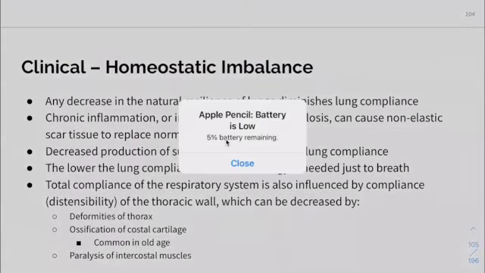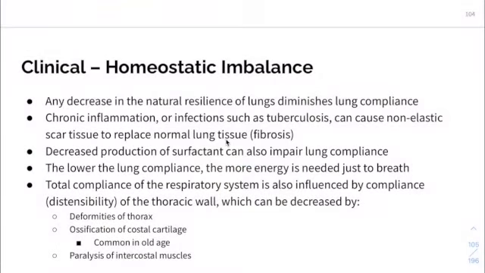So pretty much any decrease in that resilience can cause lungs to diminish their compliance.